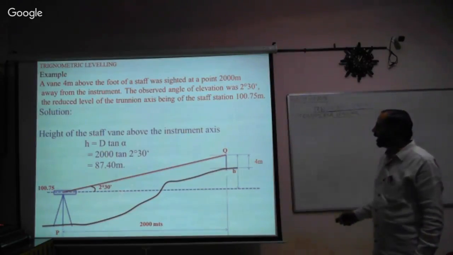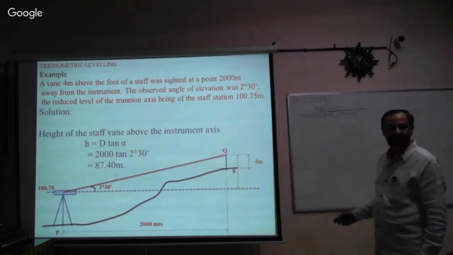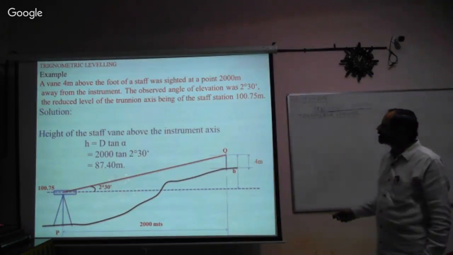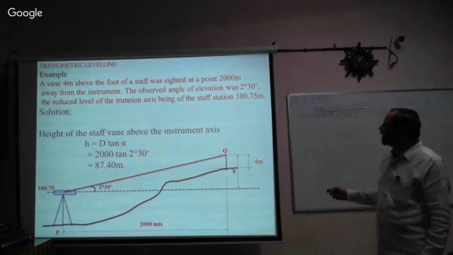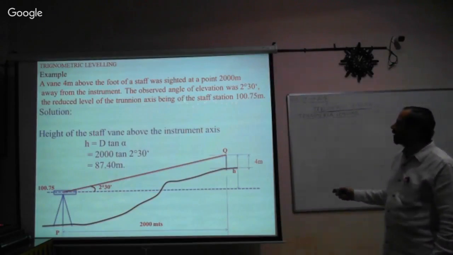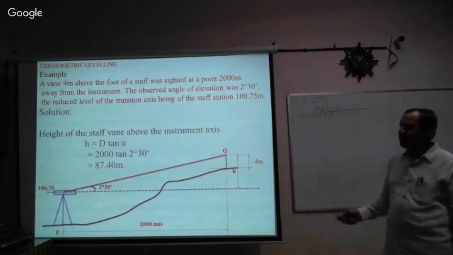The observed vertical angle is 2 degrees 30 minutes. The reduced level of the trunnion axis at the instrument station is 100.75.